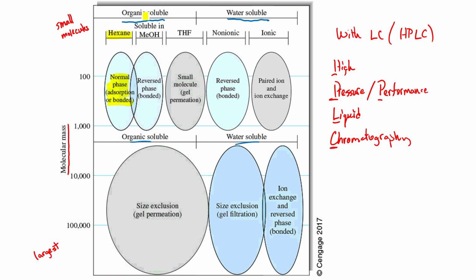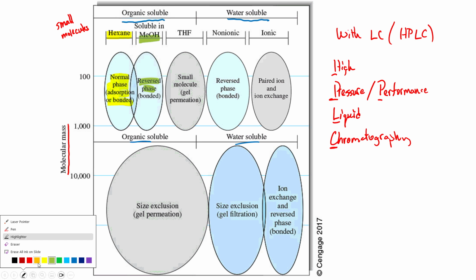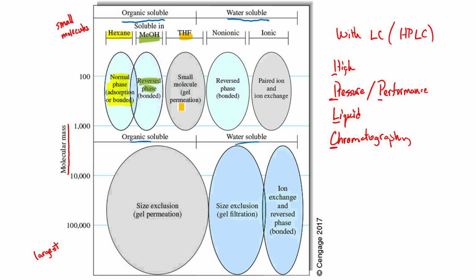Things that are organic soluble in something like methanol may be something you would try to resolve in reverse phase. And sometimes you're going to have some small molecules that you could separate based on size, and those would be things maybe soluble in something like THF. With that, we could separate based on size using gel permeation chromatography.